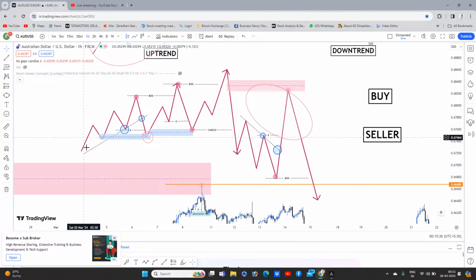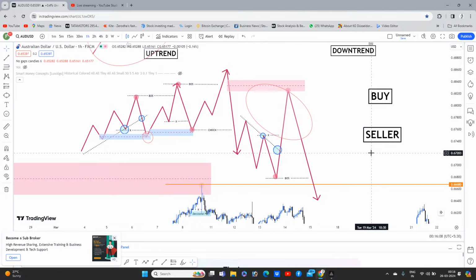People are buying at this trend line, at this trend line, at this trend line. When people are buying at this trend line, they are putting their stops below it, and by stops I mean opposite orders, sell orders. First of all, they try to create liquidity, and after taking that liquidity, they run in the direction they want to run.